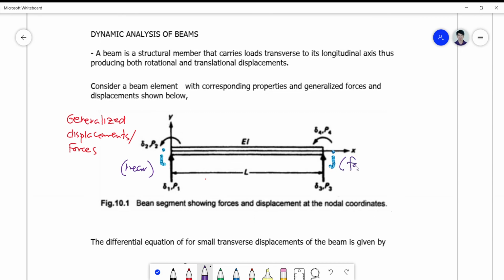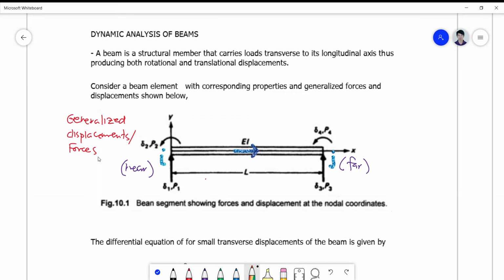Of course, from left to right, this is the assumption, which is your member axis is directed going to the right of your longitudinal axis. So there are actually four generalized displacements and four generalized forces that we have to consider.